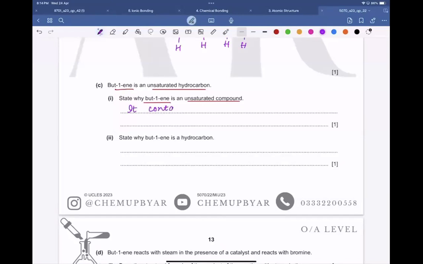It contains a double bond between carbon atoms. Is this clear to all of you?